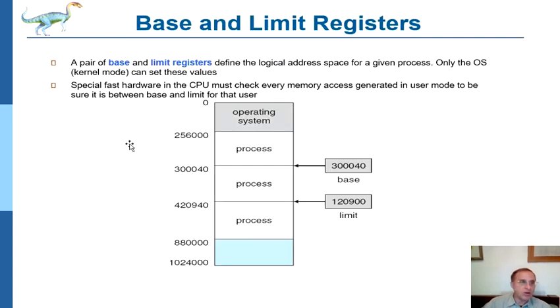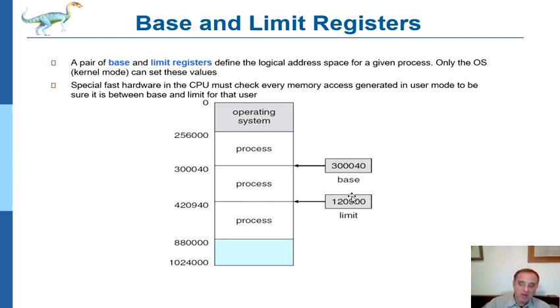It uses something called a base register and a limit register. Basically, it says any access to a memory location, let's say for the second process here, has to be above 300,040 and below 300,040 plus this limit, 120,090.